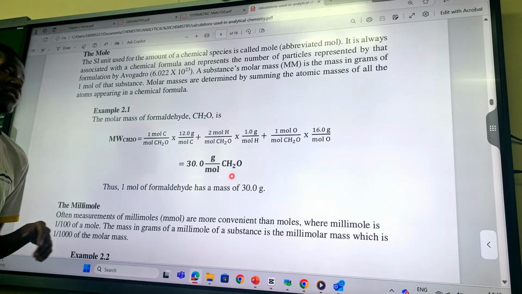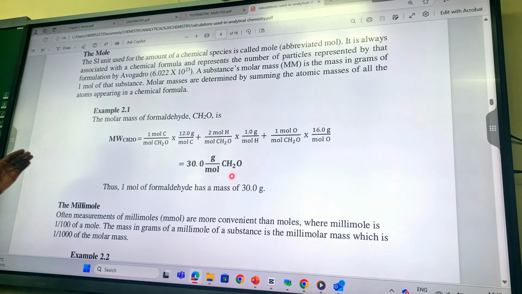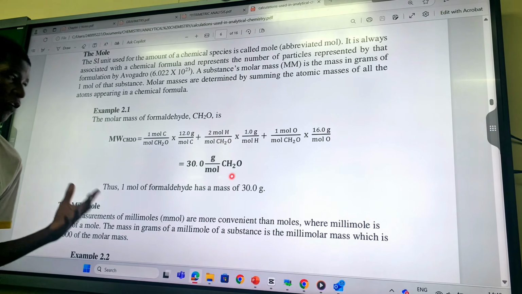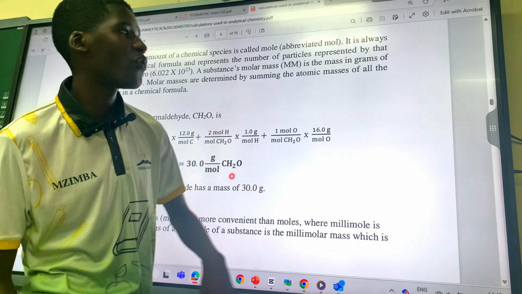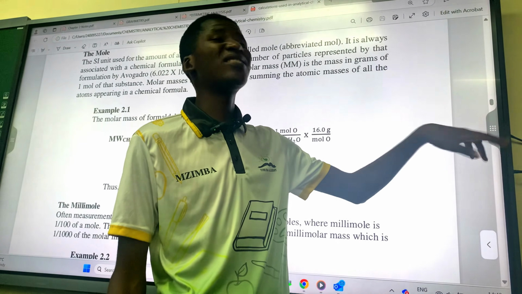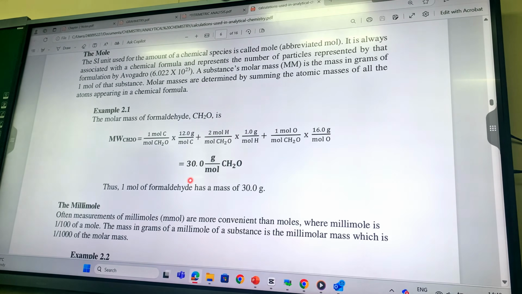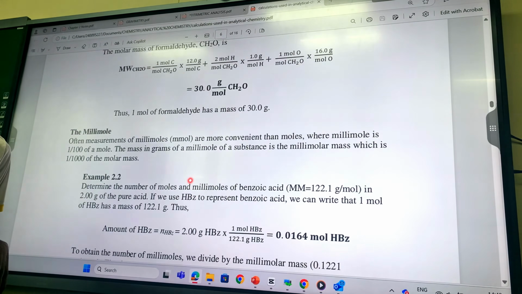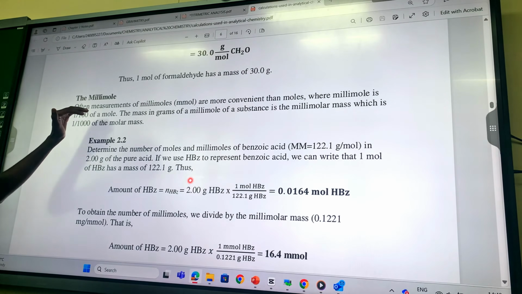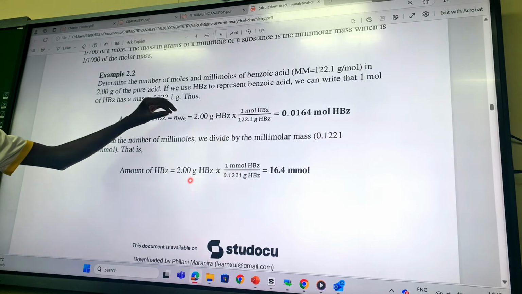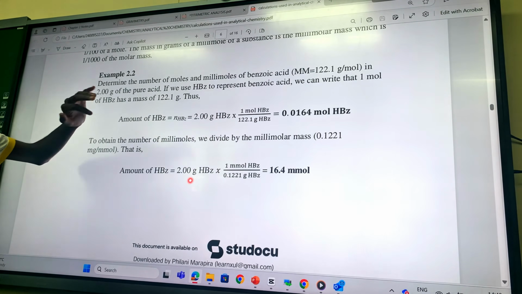We are just talking about the mass of 1 mole of a substance. The simplest way to calculate the number of moles, as we already know, is mass over molar mass. Whenever they say calculate or determine the number of moles, you just use the mass of that substance over the molar mass.